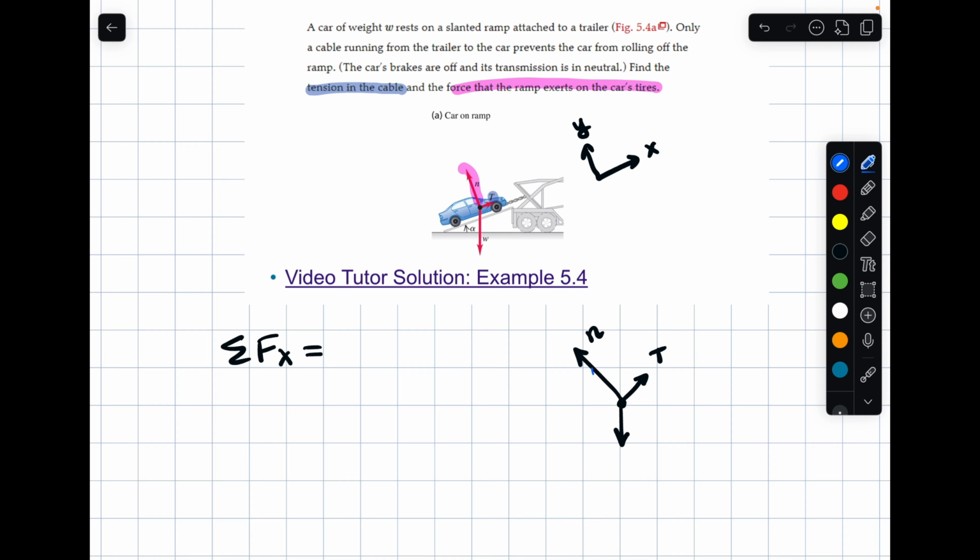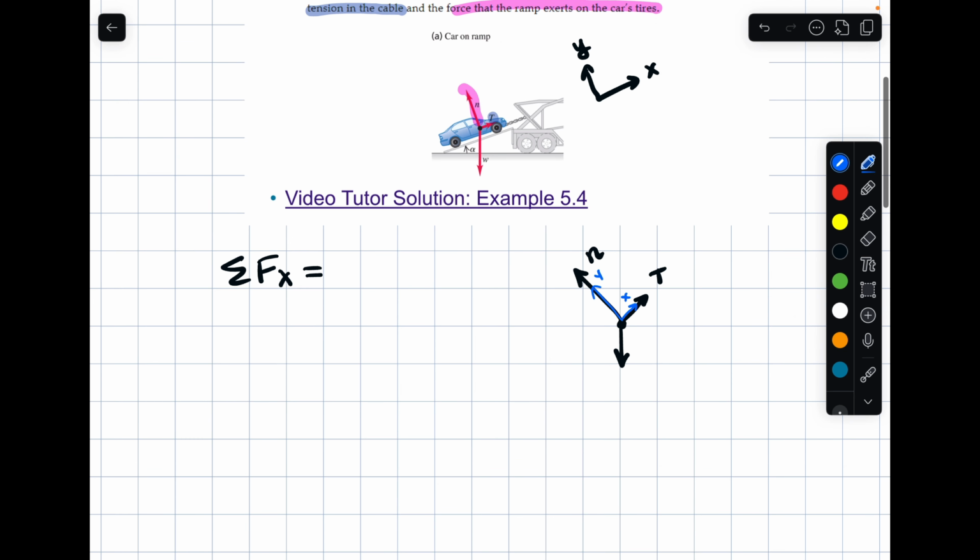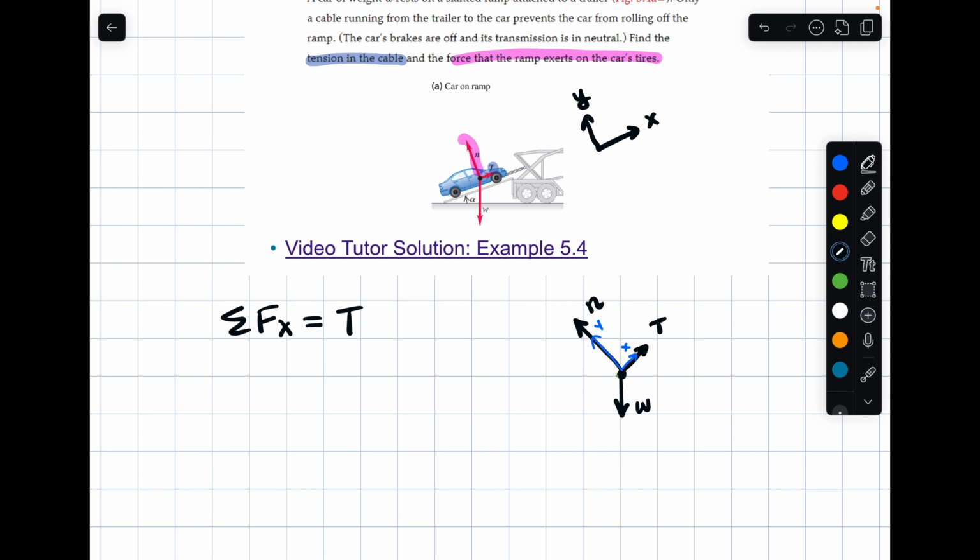So this is our x and our y, okay? So now let's find out the forces in the x. Well, first of all, the tension is going to be in the x, and it's pointing to the right, so we're going to have a positive tension. And then we have something else that has an x component, and this is going to be the weight vector. So the weight vector is going to have a negative y component and a negative x component.